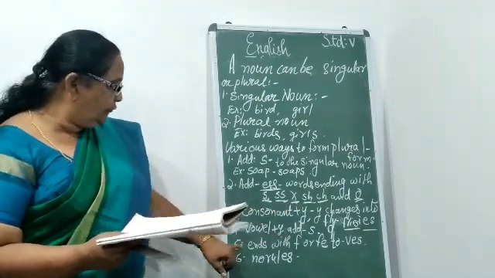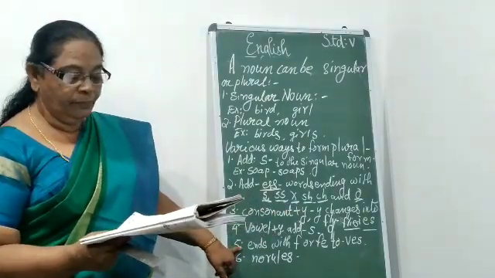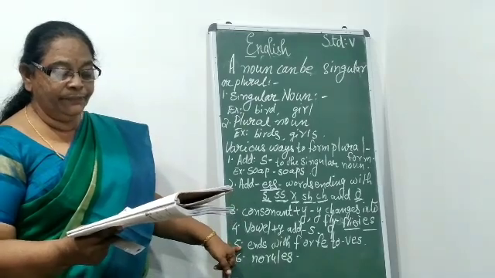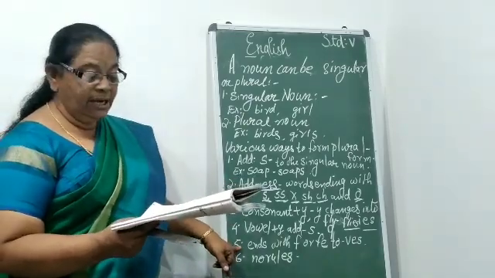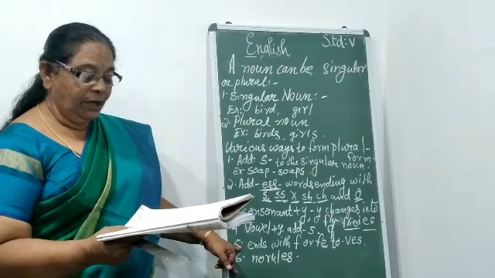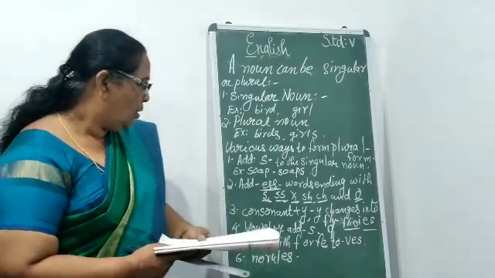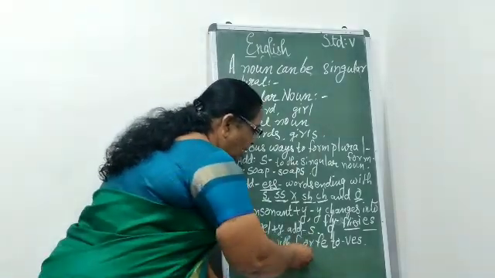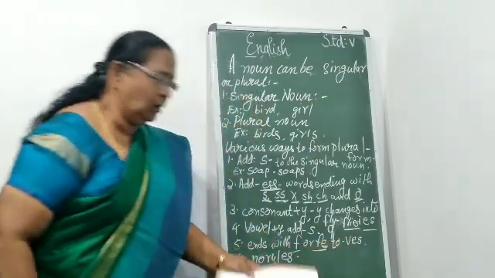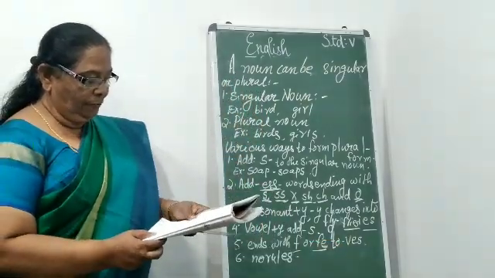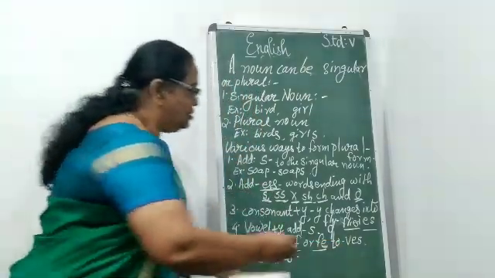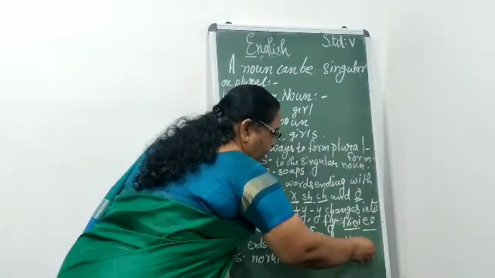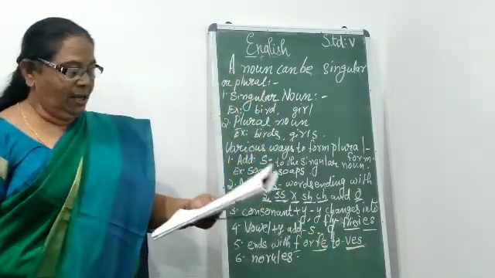Then coming to the fifth rule, the nouns that end with f or fe. Okay, f or fe. We will change and write ves.